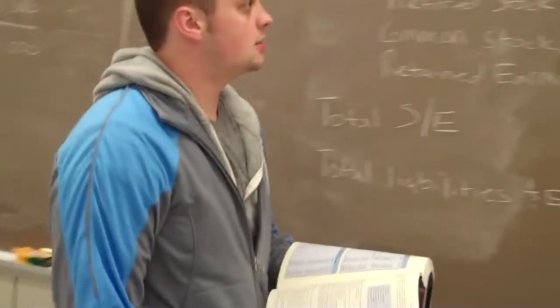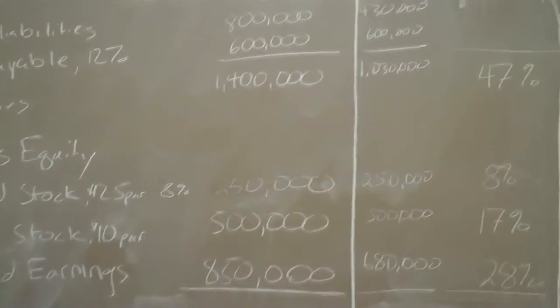Very good, Phil. And can you tell me what we would do to find the common size percentages for the liabilities? I sure can. For the liabilities, you'll take current liabilities divided by total liabilities and equity, and you get 800,000 divided by 3 million, and that comes out to 26%.